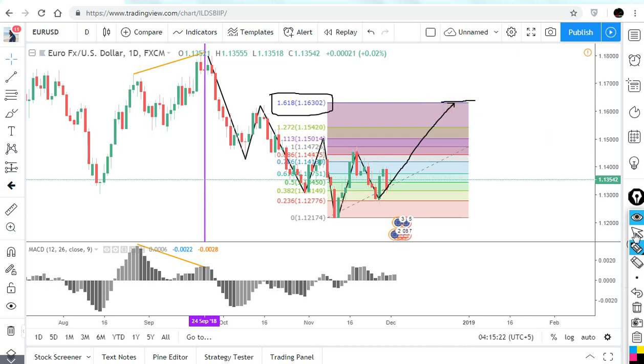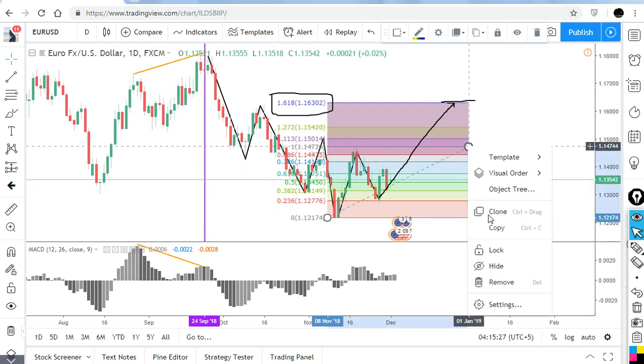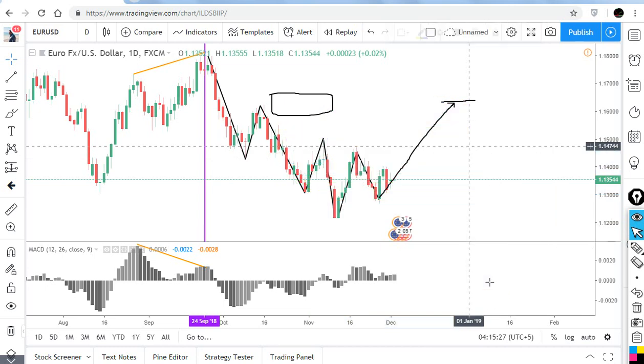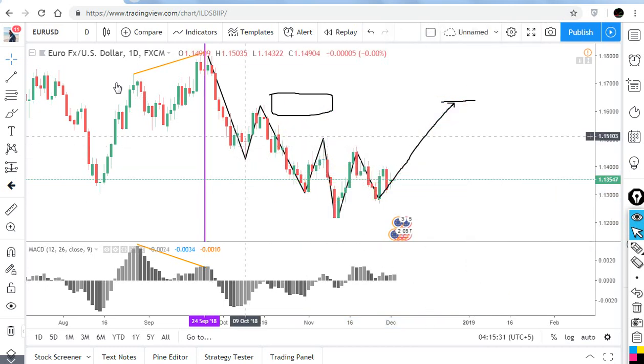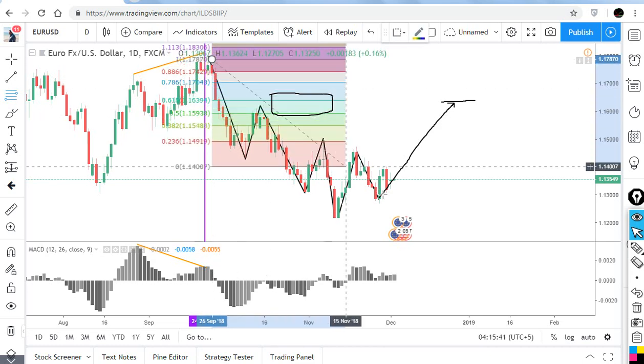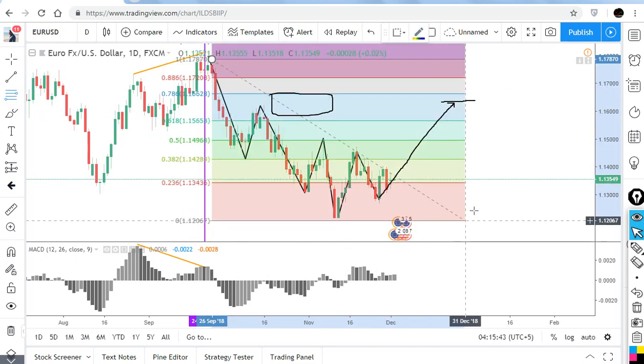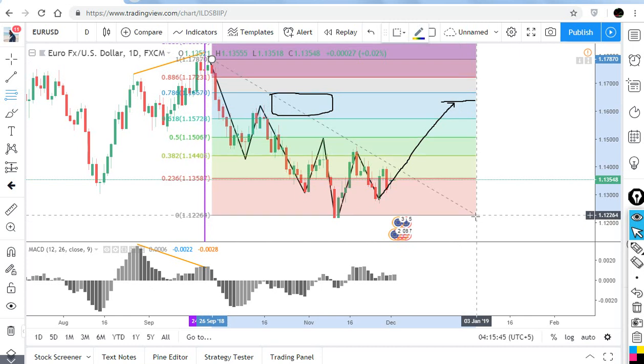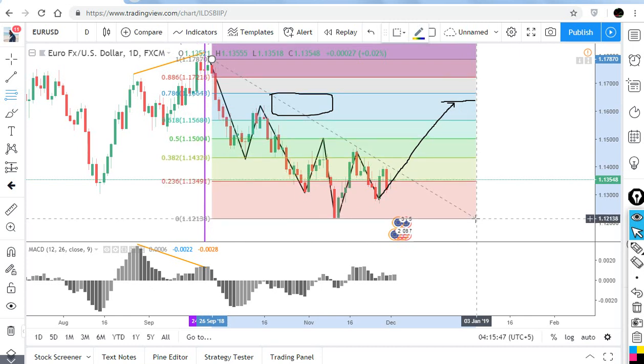Now make it a point here, right? Okay, now let's check this along with our big picture. Now our big picture is basically this impulse wave, how much does it correct? Let me check this from here to here, and like this.